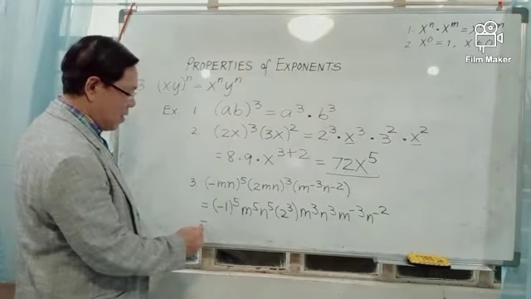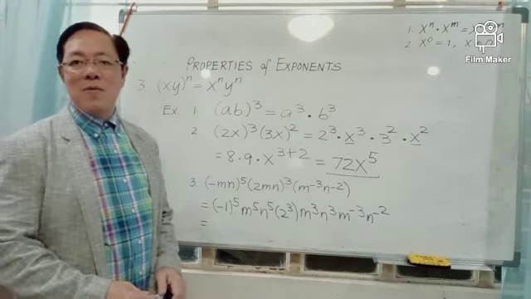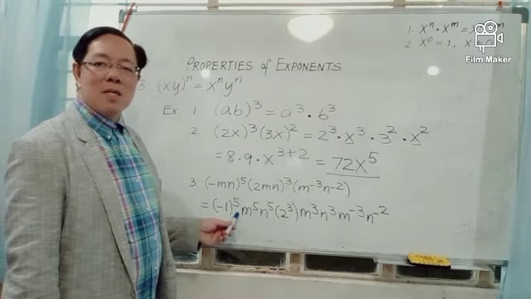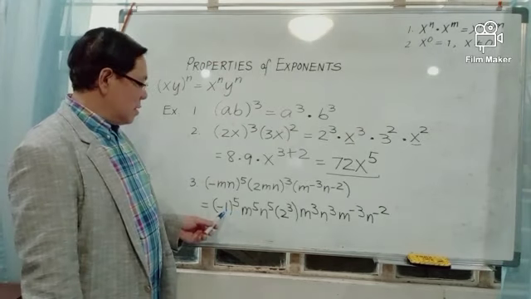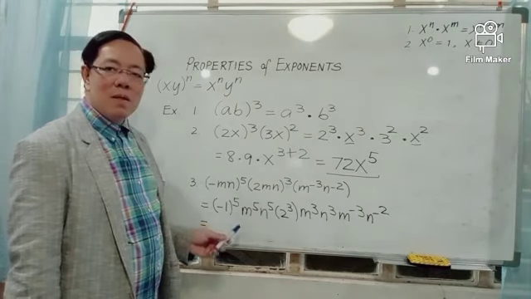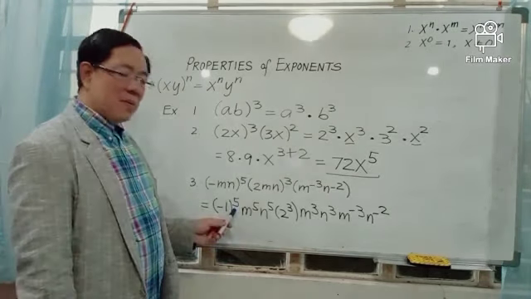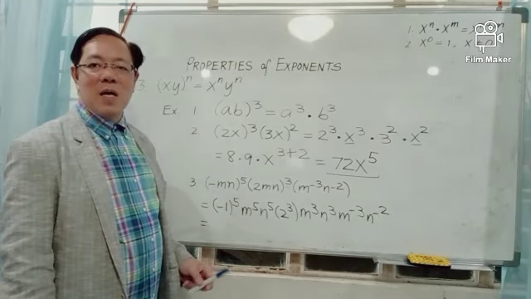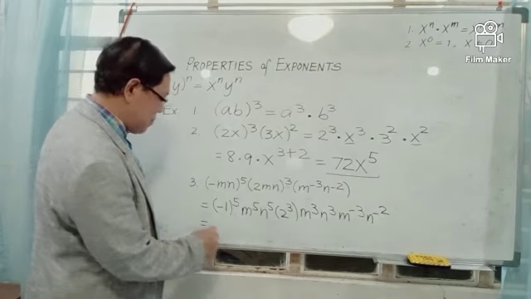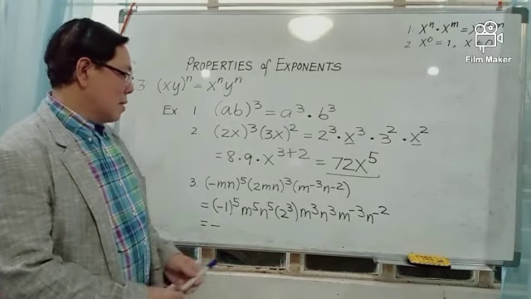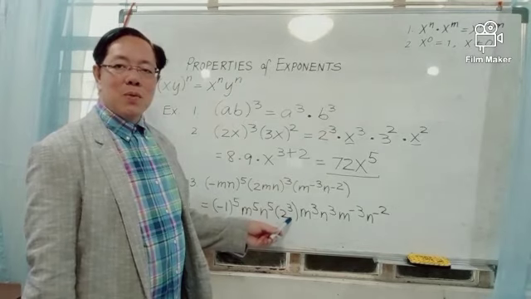Now we simplify beginning with the numerical coefficients. Negative 1 raised to 5 is negative. Negative 1 raised to 5 means you multiply negative 1 by itself 5 times. If you multiply negative 1 by itself 5 times, you will get negative 1. We simplify 2 to the power 3.